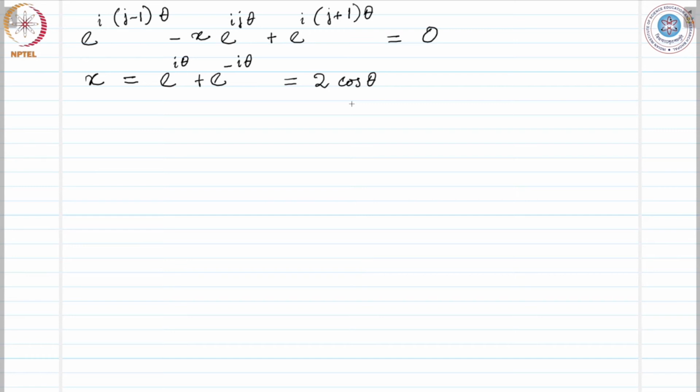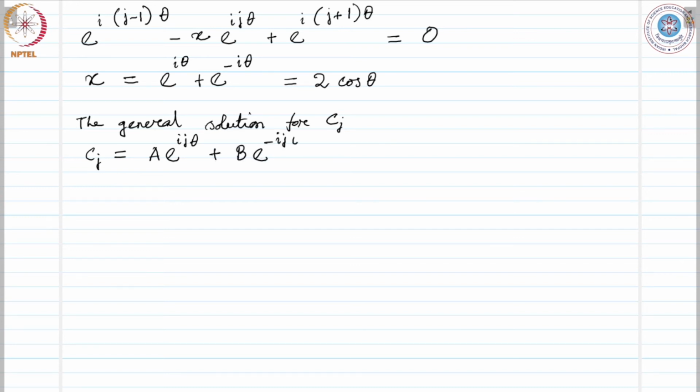Therefore, the general solution for Cj would be Cj equals A e power I j theta plus B e power minus I j theta, where A and B are arbitrary constants.